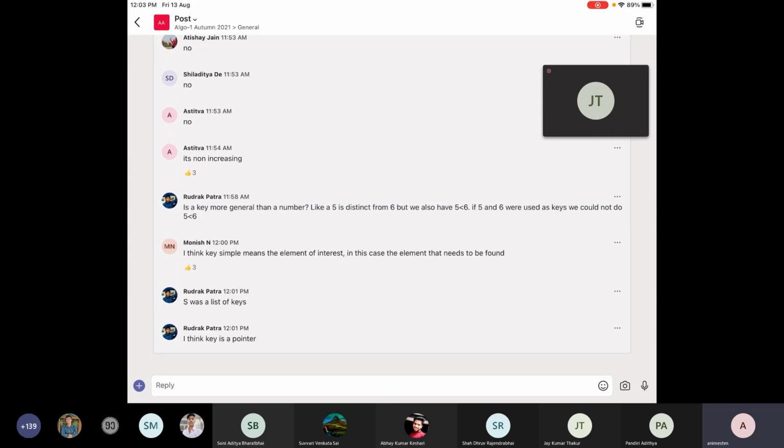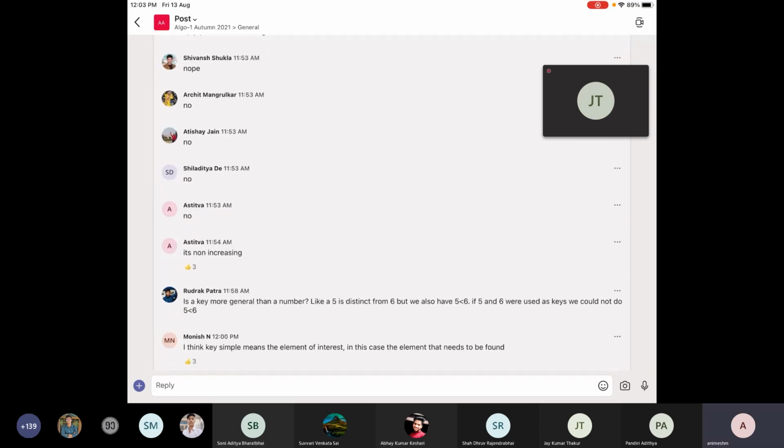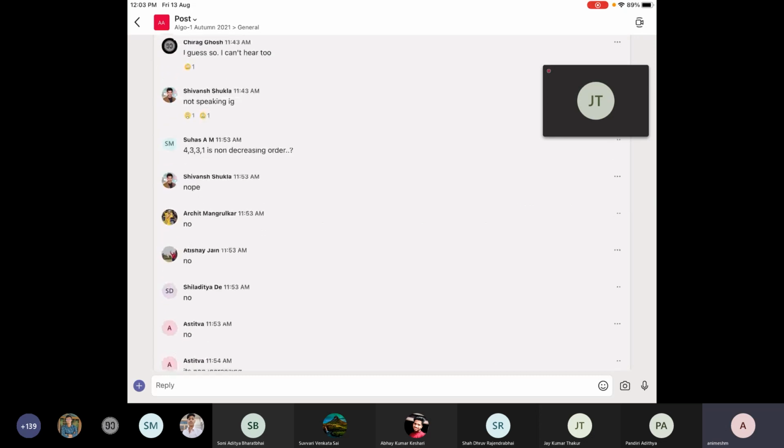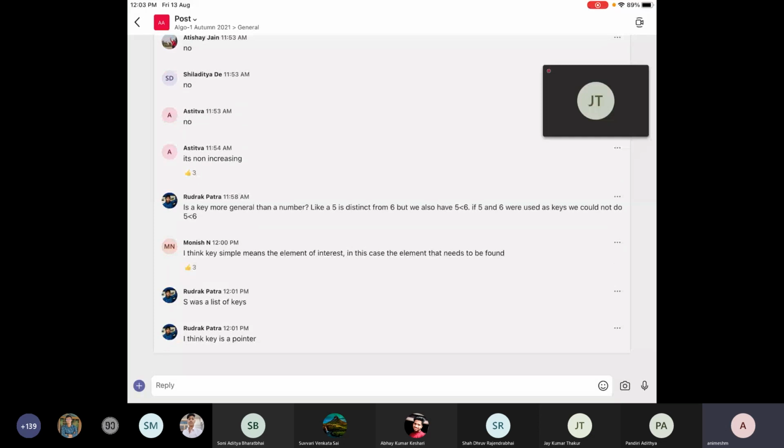Okay, so for instance, I think many of you have written a question about key. For the time being, assume that key is a set of integers. So it is an integer array consisting of a set of integers. In most cases, we refer to key as some sort of data, which has a specific data type.